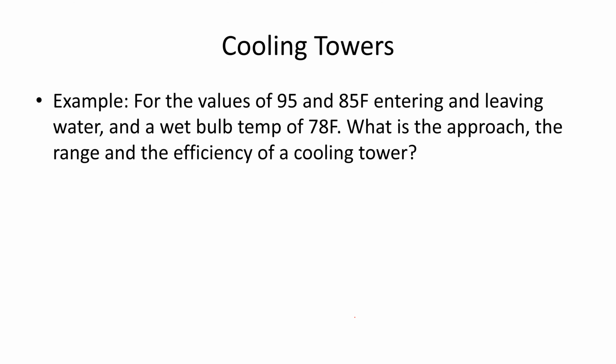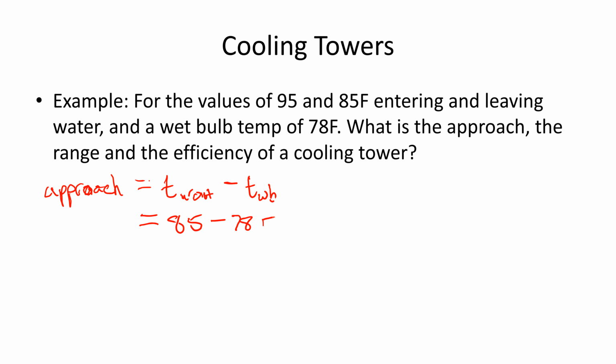If I calculate the approach, it's again my temperature of my water going out minus my wet bulb temperature. For my cooling tower, in this case, I've got 85 degree water leaving the cooling tower, and the wet bulb temperature outside is 78. And so that's going to give me an approach of 7 degrees.